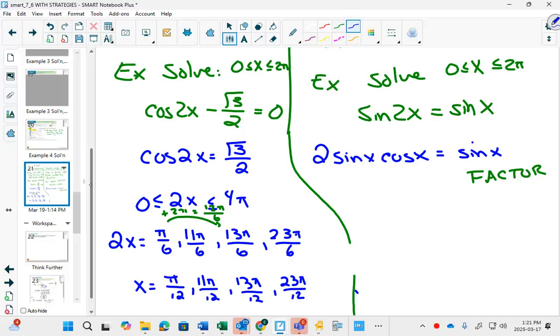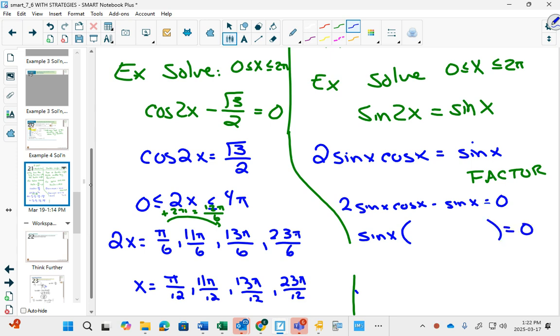That is not allowed in this case, so we have to factor instead. I'm going to rewrite this 2 sine x cos x, subtract the sine x on the other side, make it equal to 0, and then I can factor out the common factor of sine x.